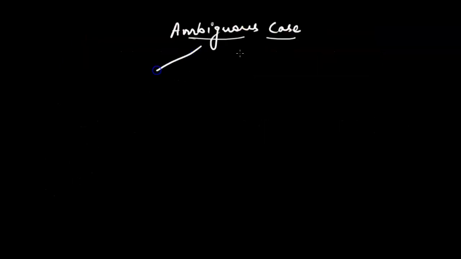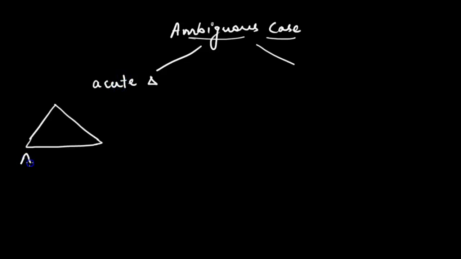Ambiguous case can be seen in both obtuse or acute triangles. So if we have an acute triangle, that means all the angles of the triangle are acute. Let's say the triangle is triangle ABC. So the side that is opposite to angle A is side a, the side that is opposite to angle B is side b.